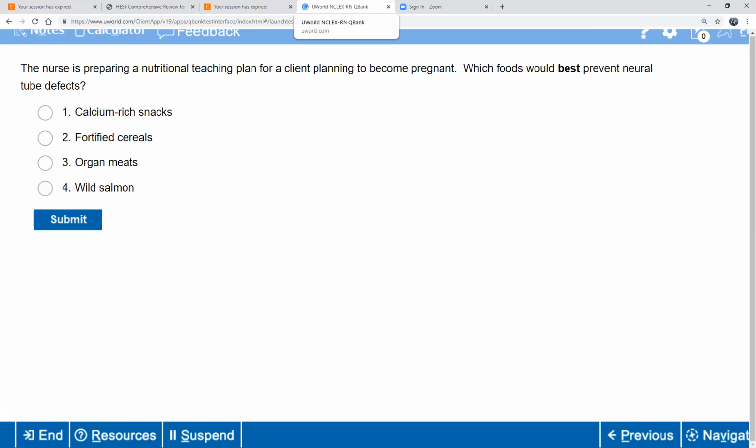Folic? I think I saw that somewhere. Not organ meat. Wild salmon? I don't know. You're looking for foods with what in it? What do you want them to have in it? Folic acid? Folic acid.